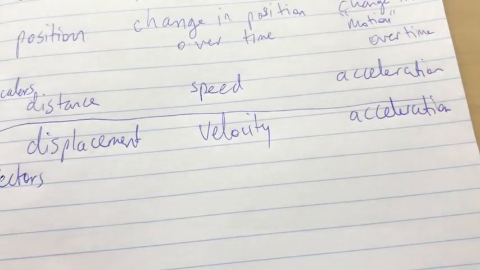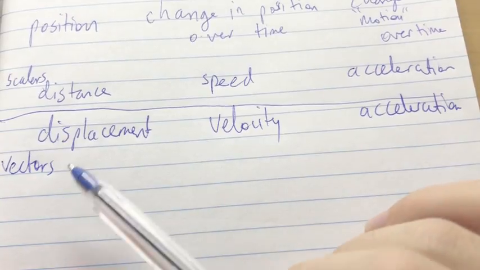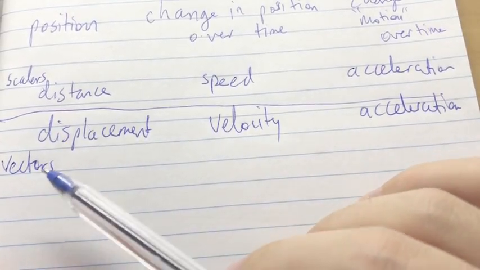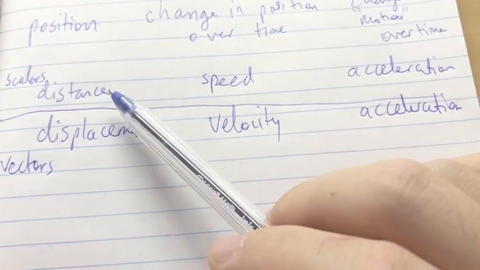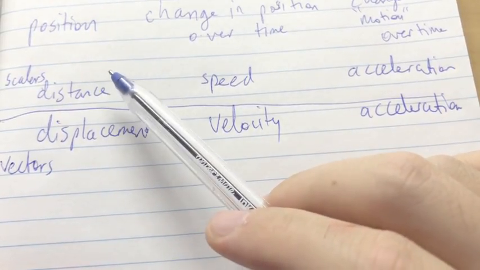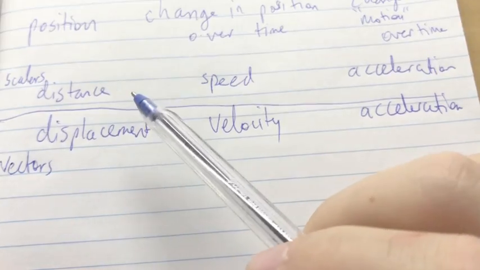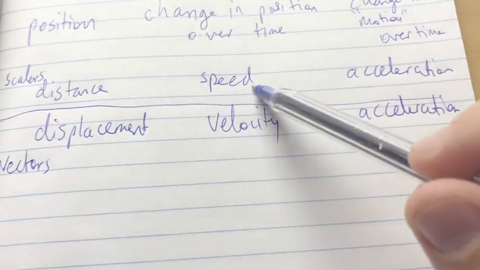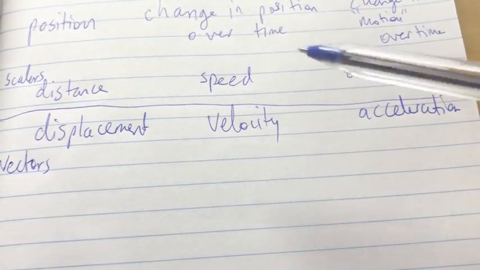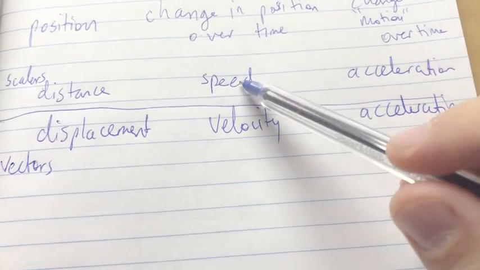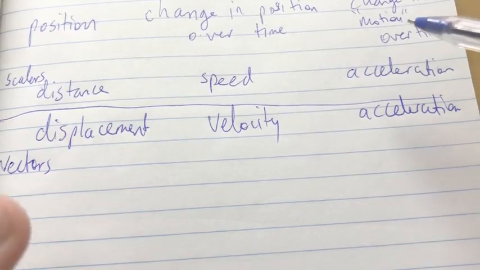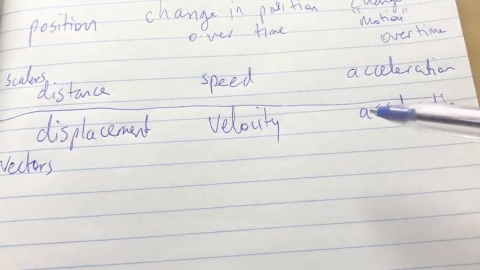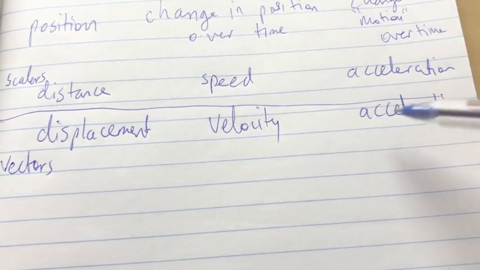Vectors have not just a magnitude, they also have a direction. A displacement is a distance together with a direction in which the distance is gone. Velocity is a speed together with a direction in which the speed is occurring. Acceleration is a change in not just the speed, but also possibly in the direction of the moving object.